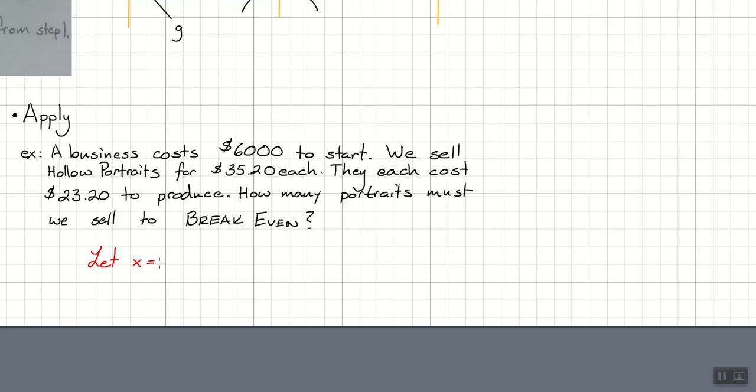The number of portraits? Yeah, I'm fine with that. Number of portraits. Okay? And then there are a couple different ways that we can do this. Number of portraits, then let C of X equal the cost to produce.